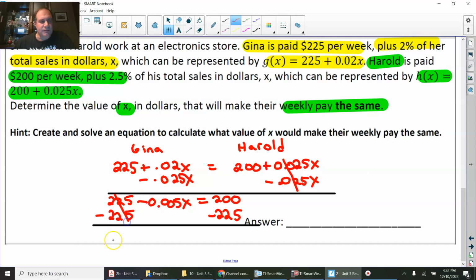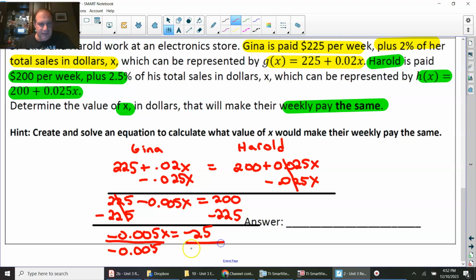and this cancels. Getting the x alone, it's 0.005x equals negative 25. Then when I go ahead and divide, it's a negative divided by a negative. Remember, it has to come out that way because we're dealing with the weekly pays that are the same, so it has to be positive.